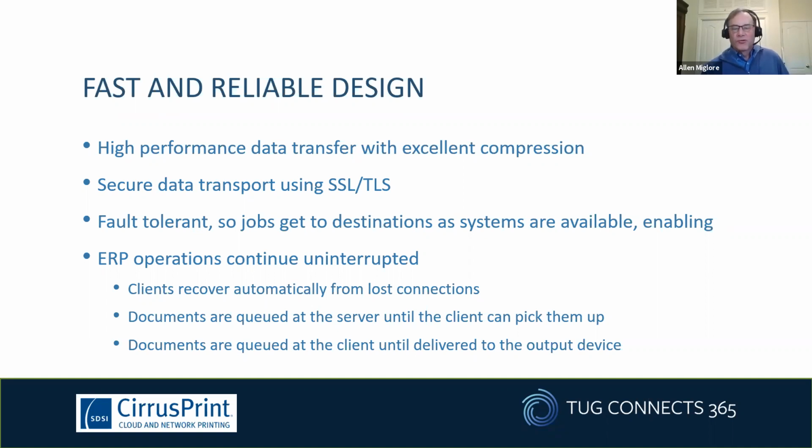Basically, ERP operations can continue without any interruption as far as printing goes. So the clients, if they lose the connection, automatically reconnect. The documents get queued at the server until the clients can come pick them up. And then there's even queuing out at the client in cases like when the printer's down. The client will queue it and then deliver it to the output device when that's ready.